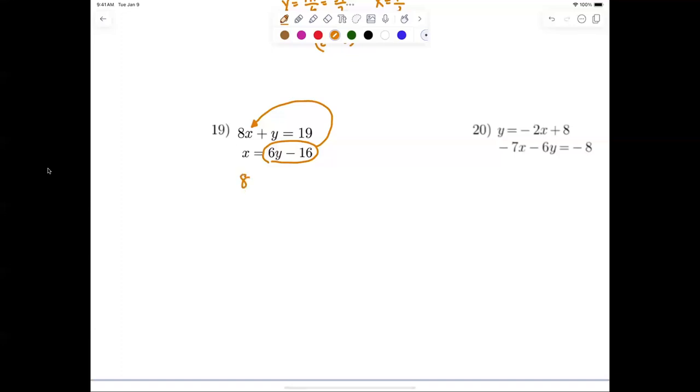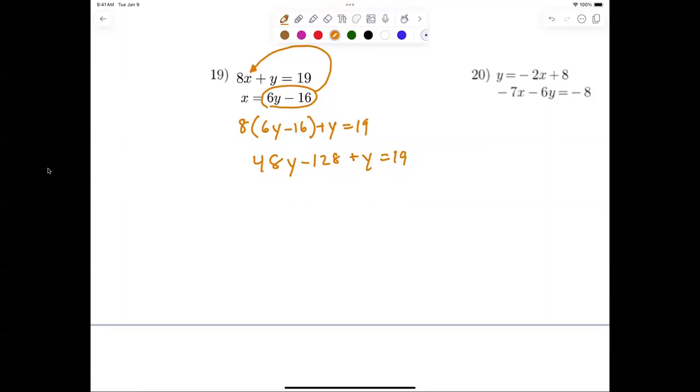And so now 8 parentheses 6y minus 16 plus y equals 19. Anybody else get 49y equals 147?